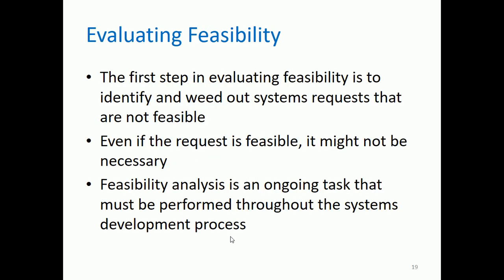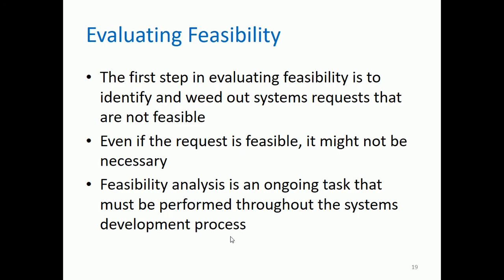Okay, next is evaluating feasibility. The first step in evaluating feasibility is to identify and weed out systems requests that are not feasible. That's the first step. And then there is also another one. Even if the request is feasible, it might not be necessary. So you have to set priorities for your system's request.